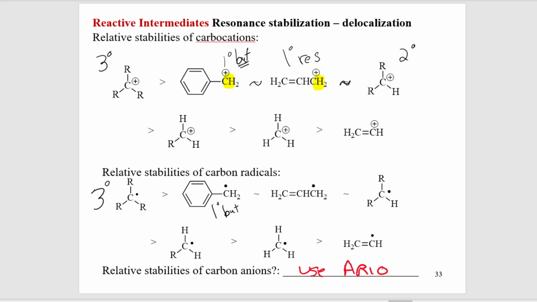Secondary is better than primary, and primary is better than methyl, and methyl is even better than vinyl. So that's a trend to get used to relative to inductive effects. You are now armed with a lot of power. Why?